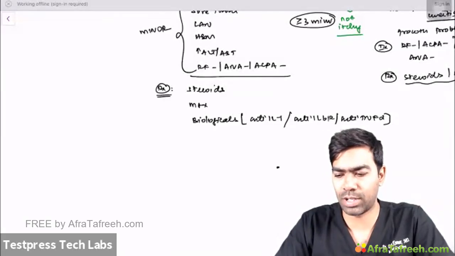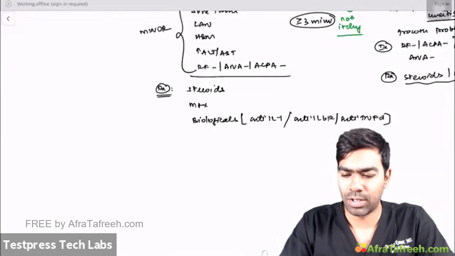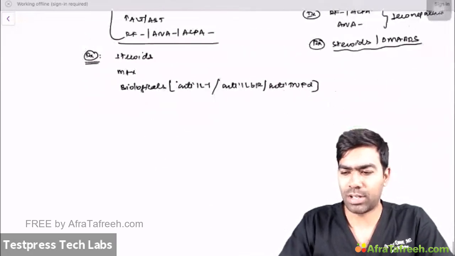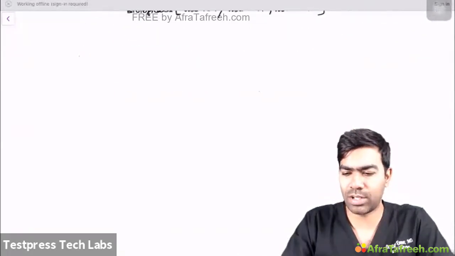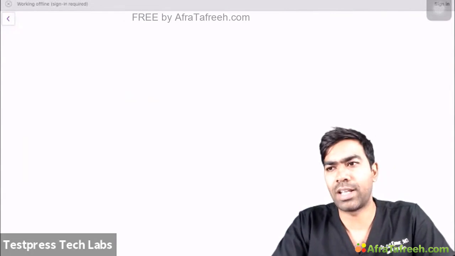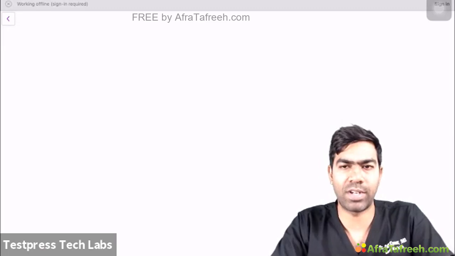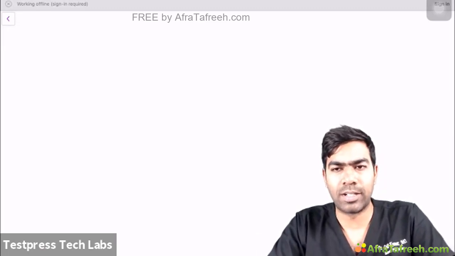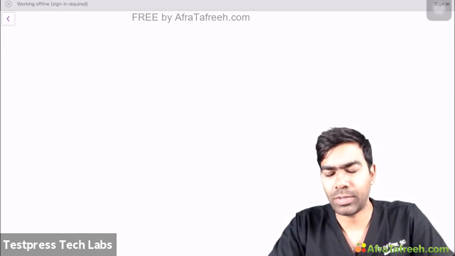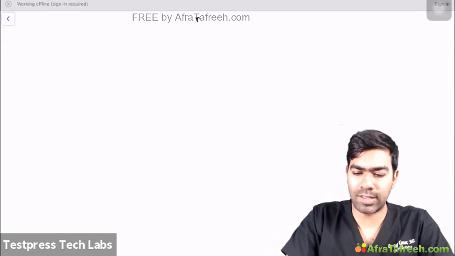So there's no need for rituximab, of course. So you can treat these things very easily. So this is AOSD, very important. Any patient in exam with fever, the typical Still's rash and arthritis, definitely it's going to be adult onset Still's disease only.